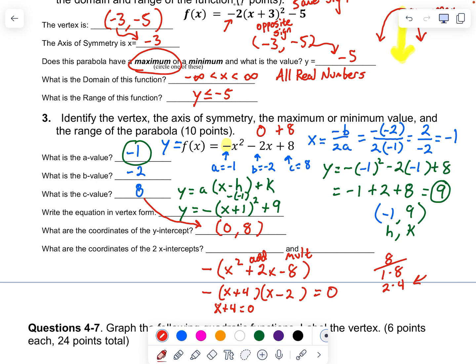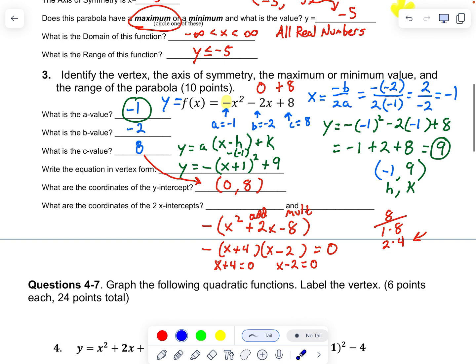Or if this factor over here equaled 0, we would get the same thing. This over here would be 0 times whatever that is, and that would equal 0. So what values of x make those factors 0? If I just subtract 4 from each side of the equation, I get x equals -4.